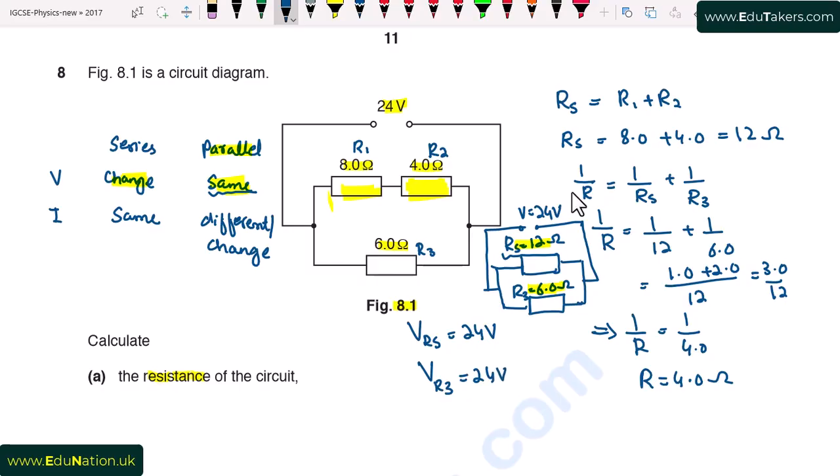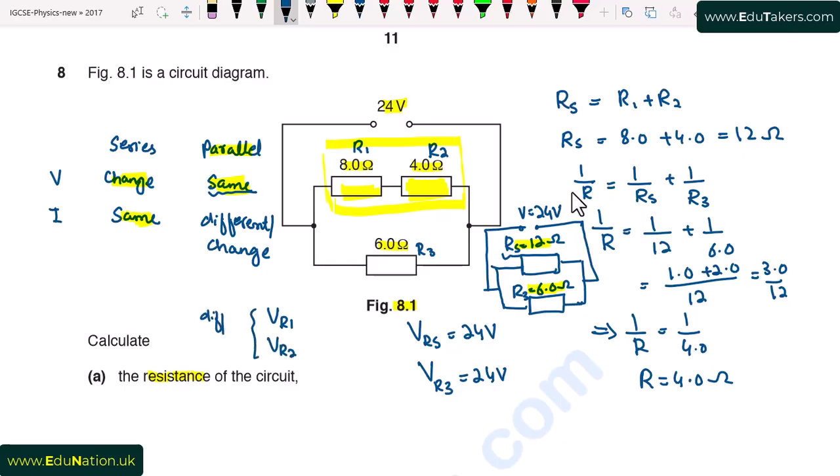Now this Rs is basically this combination where R1 and R2 are connected in series, and we can see here that in the series combination the potential difference is changed but the current is same. It means that the potentials VR1 and VR2, both of these are different.